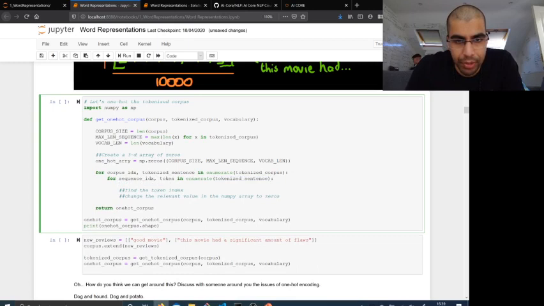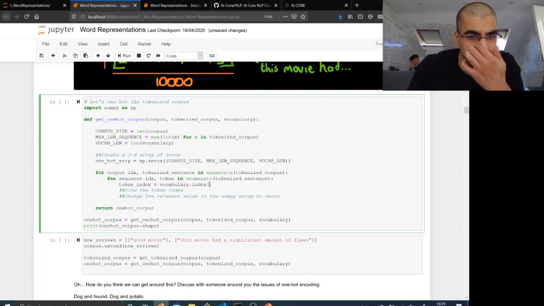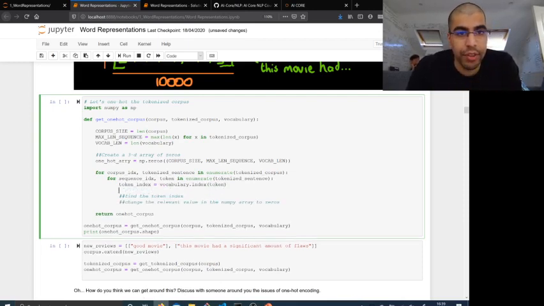So to do that, we will need to have a lookup against our vocabulary. So token index equals vocabulary dot index token.